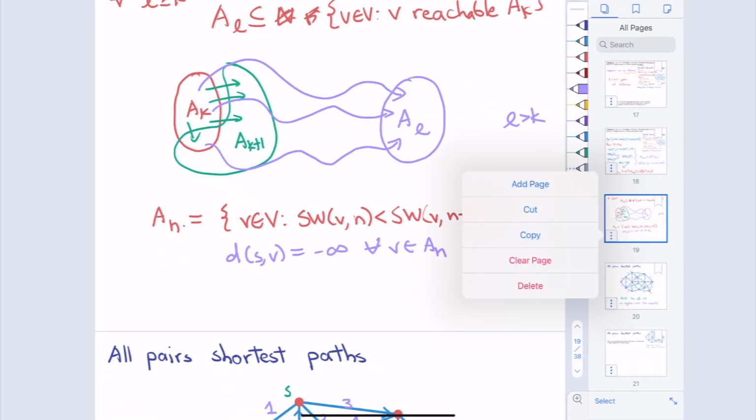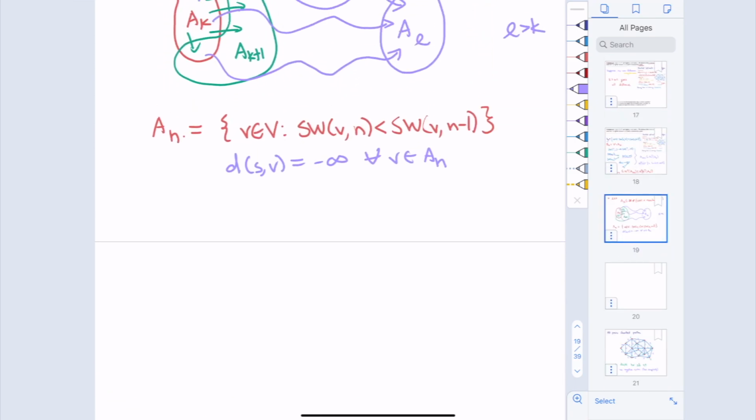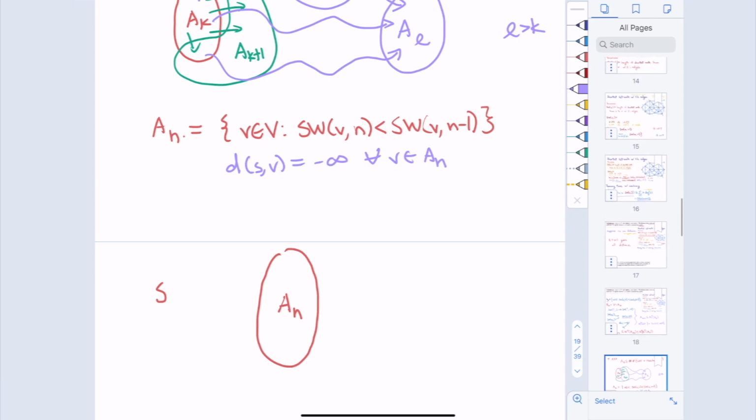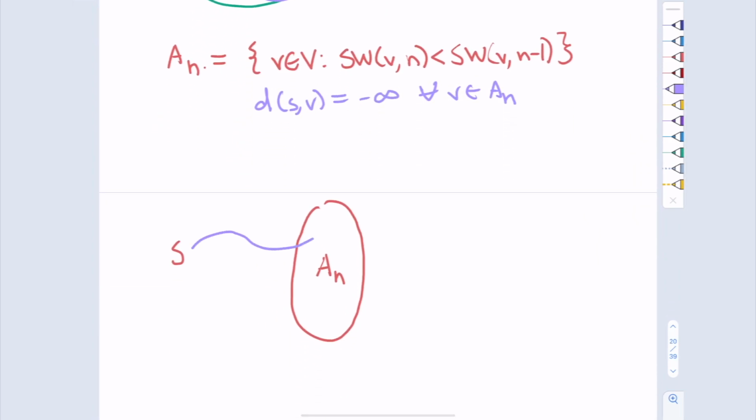Let me give myself a little bit more space. So, okay, I have all these vertices, and I have this set A sub n of vertices being updated. And so what we've shown is that for any vertex in this set, there must be some negative cycle.